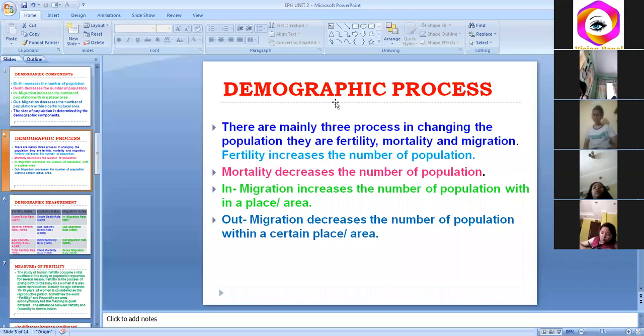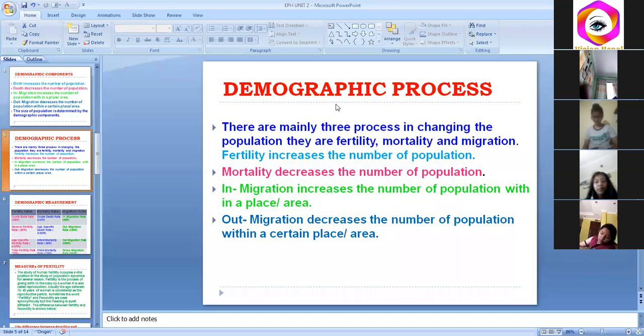Number one, fertility. That means birth. Mortality means death. And migration means moving from one place to another. Fertility increases the number of population, mortality decreases the number of population.